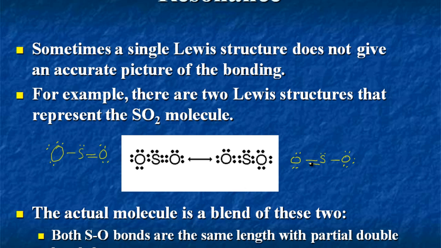The length of a double bond is different from a single bond. But if you look at the real molecule, you are not going to see any of those differences. These two bonds are going to have the same length, with the same character, which is a partial double bond. It is not a complete double bond, it is not a complete single bond, but a partial double bond character. That's what in reality the molecule will be like.